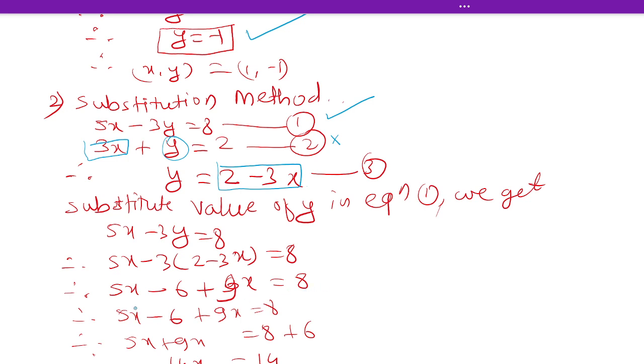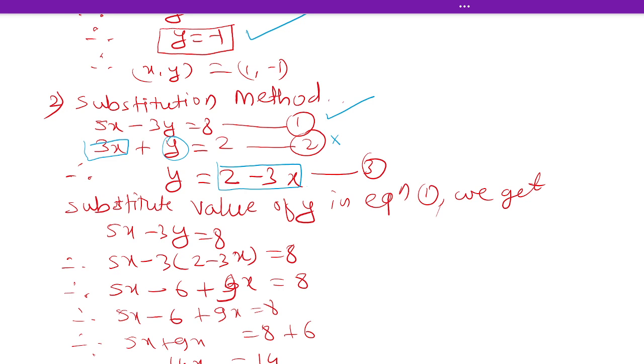When we gather the like terms, on the left hand side we will have 5x plus 9x, and on the right hand side we will have 8, and this minus 6 will go there as plus 6. Therefore 14x equals to 14, so x equals to 14 upon 14. Therefore x equals to 1.